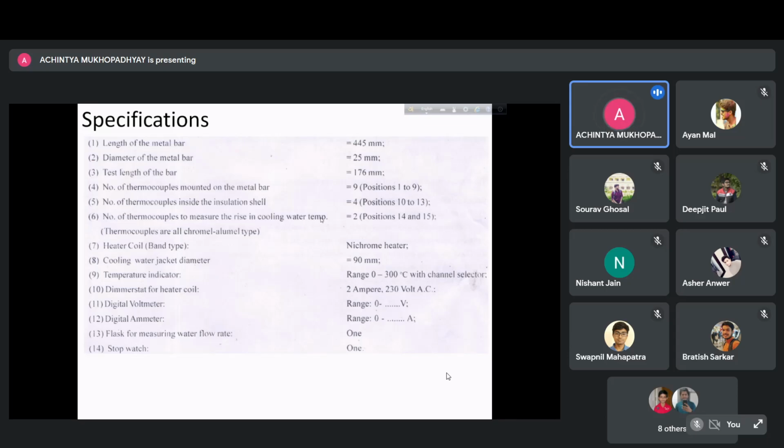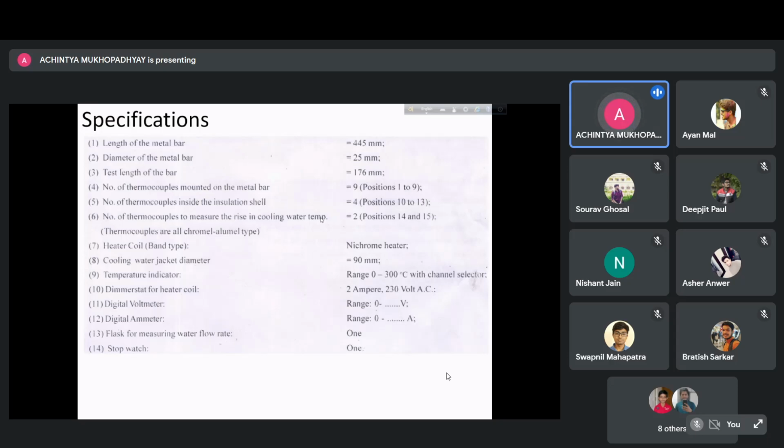That is because they are not measuring very high temperatures. I told you in the last class that there are different types of thermocouples, basically denoting the combination of the wire materials used in making the thermocouple joint.